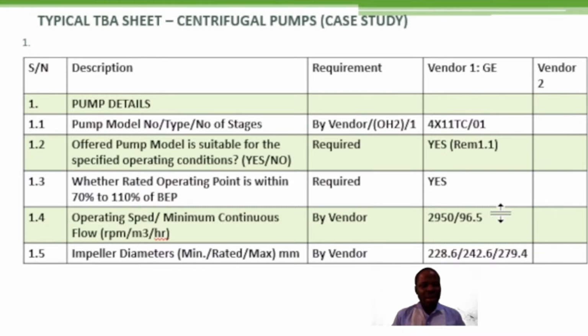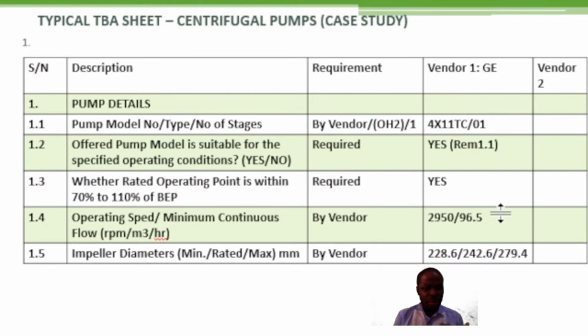Now the next description that you have to look out for, in a bid submitted by any vendor, is the impeller diameter. The impeller diameter for the centrifugal pumps that you are about to purchase. Of course, like we said, the vendor must have submitted the performance curves or the characteristics curve. So on this, you will see this data. Now, what is the minimum impeller diameter?